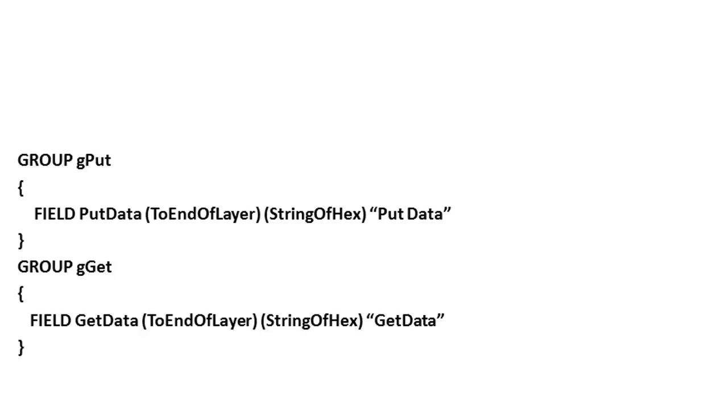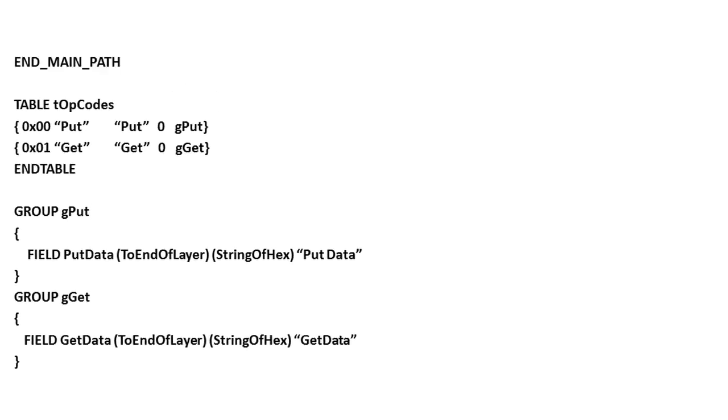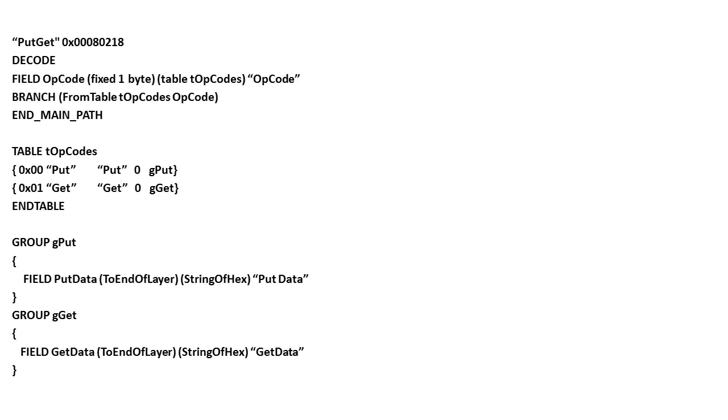In our more useful decoder, the field statement in gput will only execute if the protocol opcode equals 0, and the field statement in gget will only execute if the protocol opcode equals 1. However, other decoder fields could use these groups for other purposes because they are a global function.